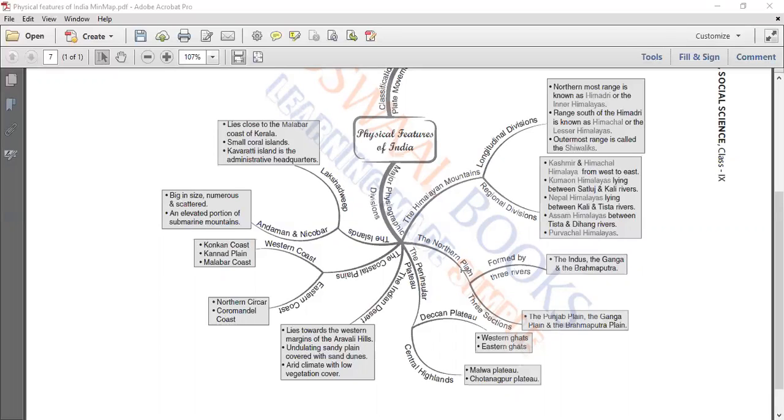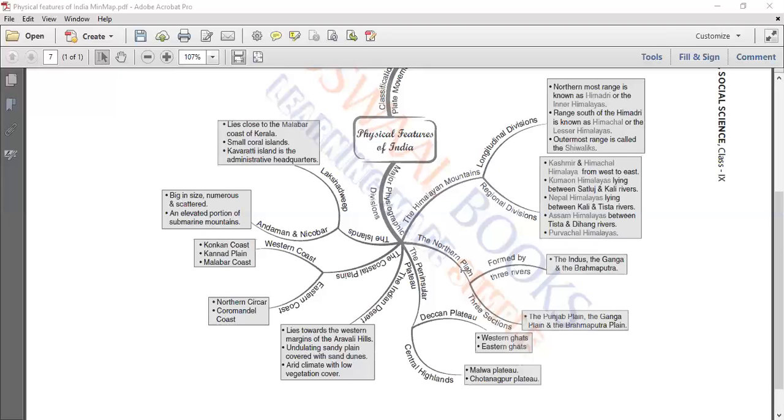In the Himalayan mountains, we know that they are young fold mountains in the northern parts of India. Then there are mountain ranges that run from west to east. Then there are 3 mountain ranges over there. The Himalayas are the loftiest and the most rugged mountain barriers in the entire world.